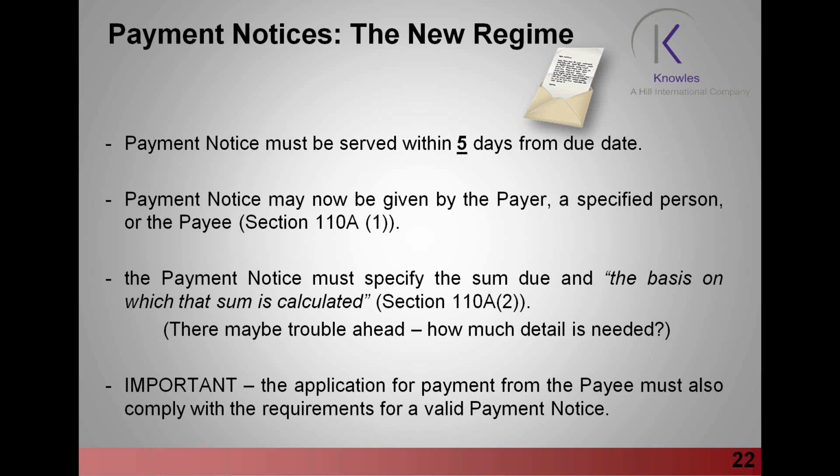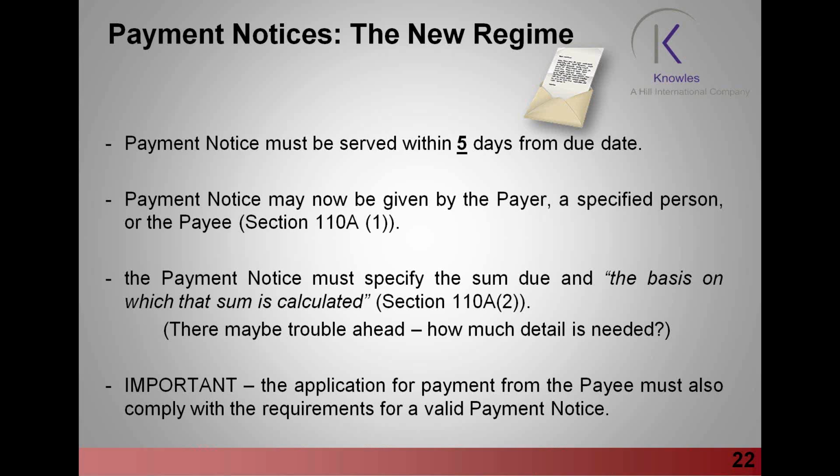The specified person, as we talked earlier, relates to the architect, contract administrator, project manager. The payee is the person receiving the payment. And whilst it sounds a little bit bizarre that the payee can actually receive the monies and actually issue his own notice, that's what the piece of legislation actually says.